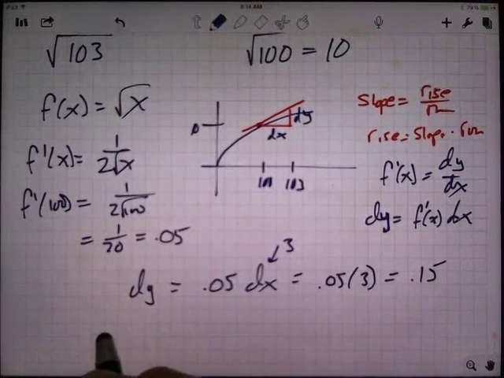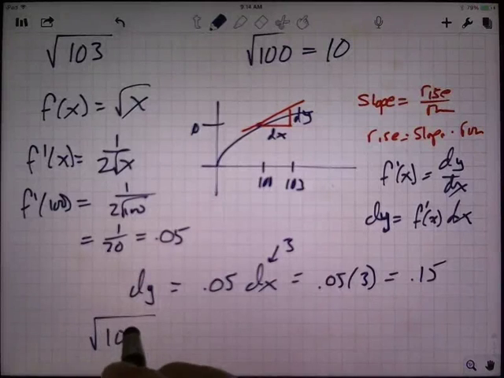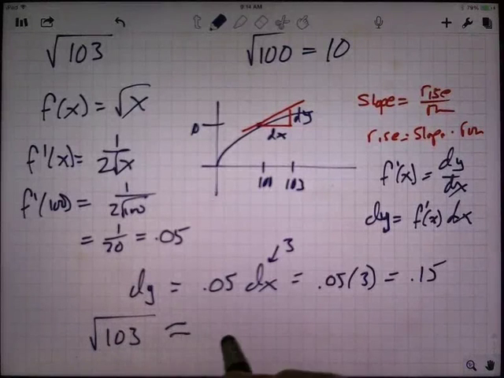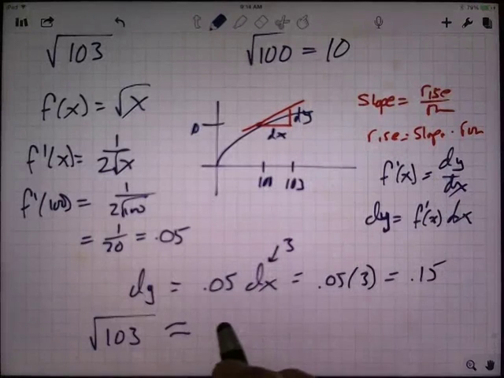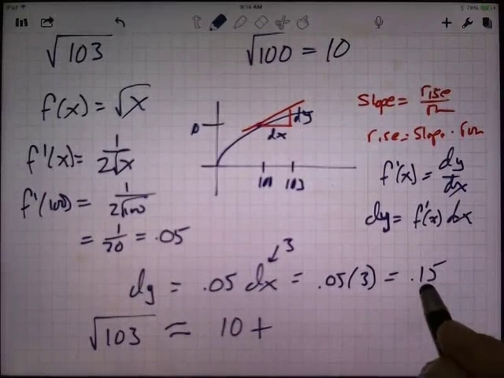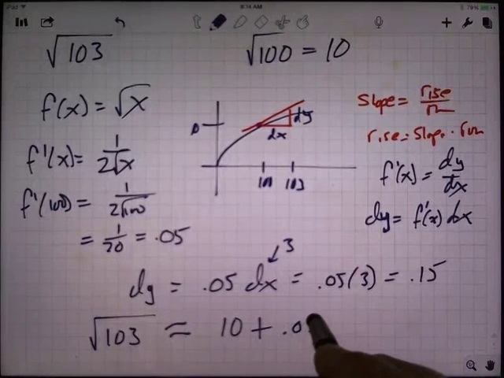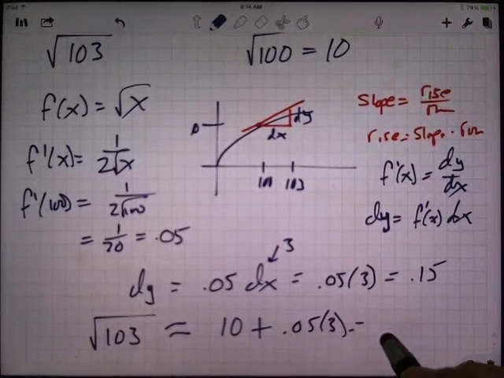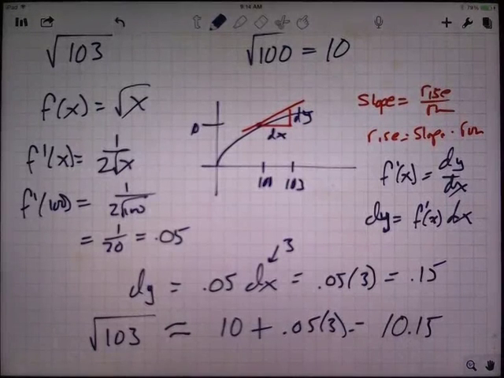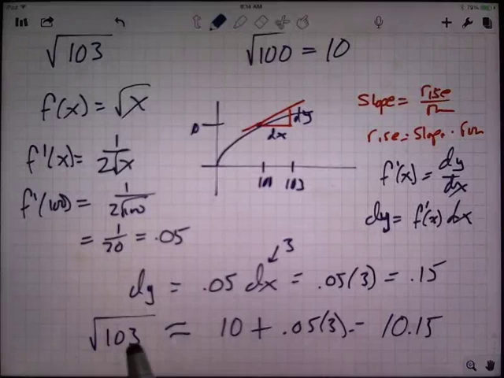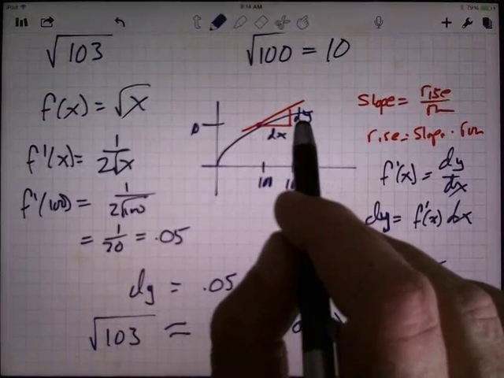And so I'm going to guess that the square root of 103 is approximately equal to the square root of 100, which is 10, plus this little fudge factor, 0.05 times 3, for a total of 10.15. So this is my approximation of the square root of 103 using the slope of the tangent line to get there.